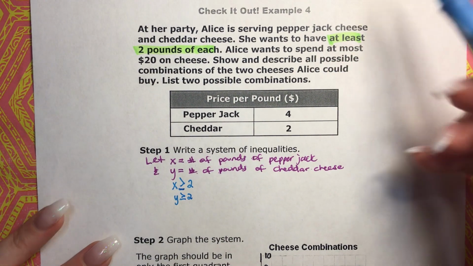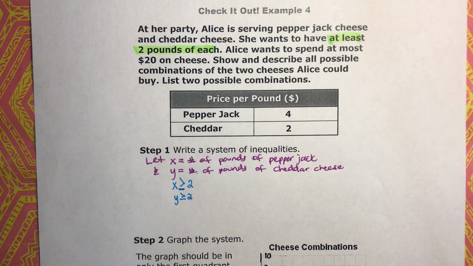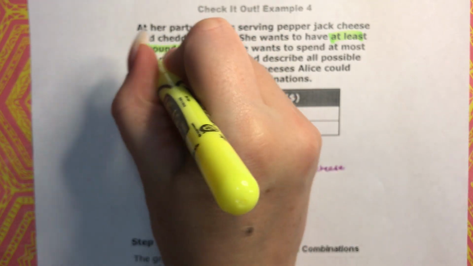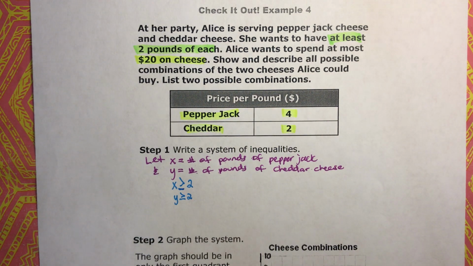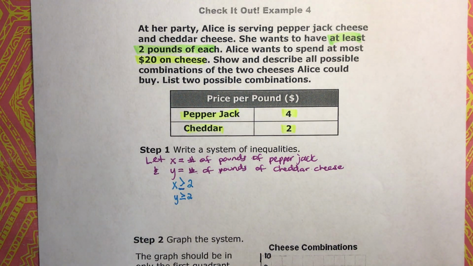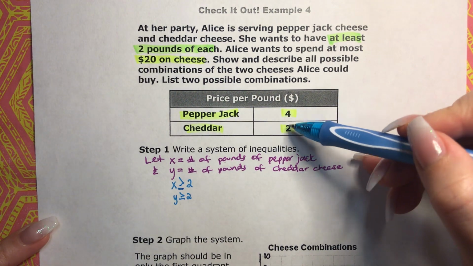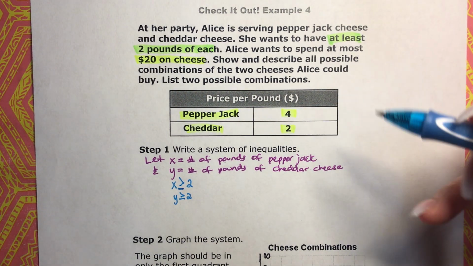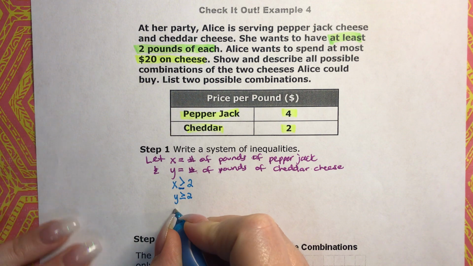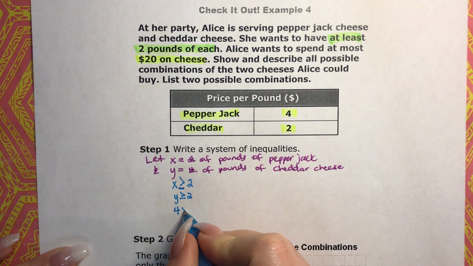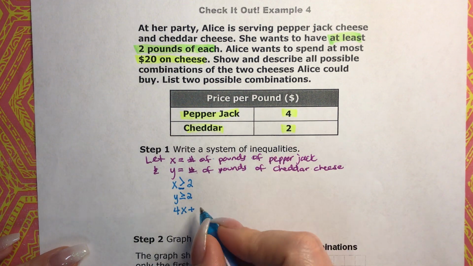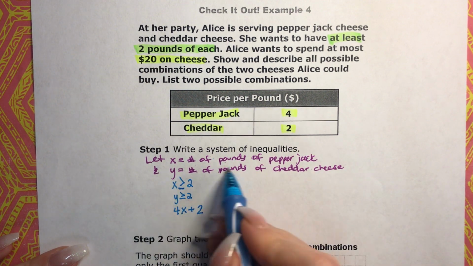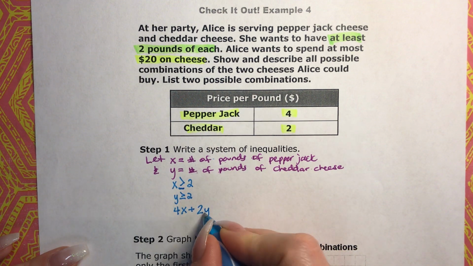Then what is the other information here? It says Alice wants to spend at most $20 on cheese. And it's $4 for pepper jack and $2 a pound for cheddar. So the $20 is made up of the price per pound and how many pounds you get. Pepper jack is $4 multiplied by the number of pounds of pepper jack, which is x, and you add that to $2 for every pound of cheddar cheese, which is y.